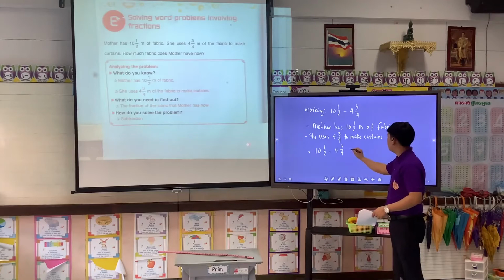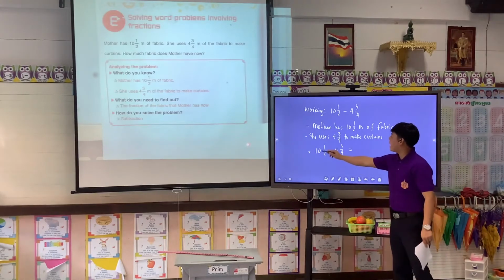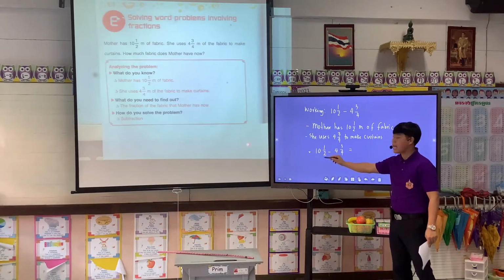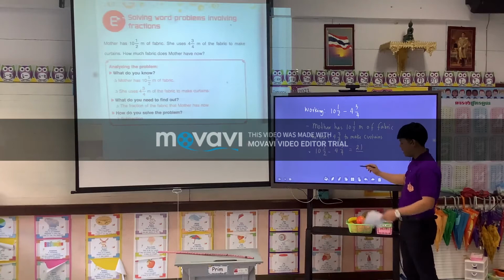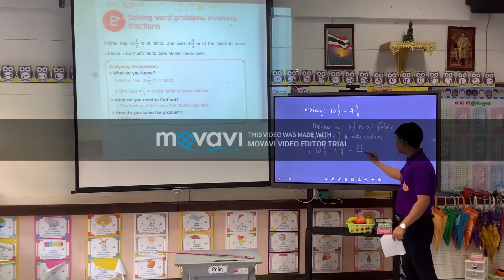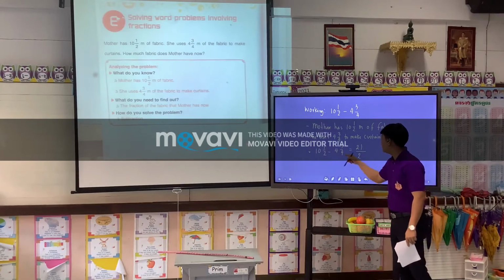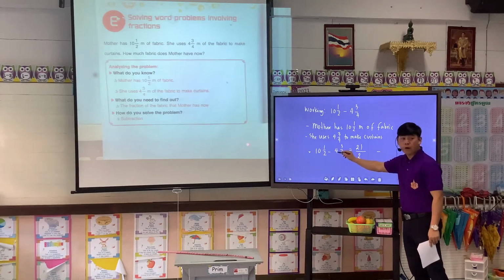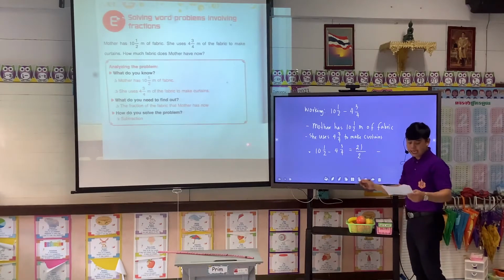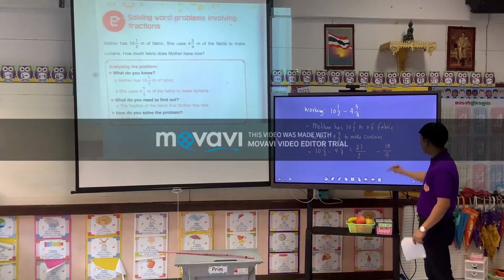So what we're going to do is multiply. 10 times 2 is 20 plus 1 is 21 over 2. They have different denominators. Minus 4 times 4, 16 plus 3 is 19 over 4.